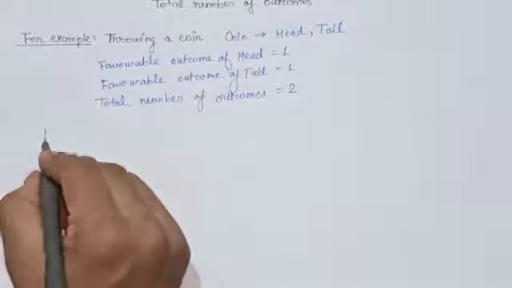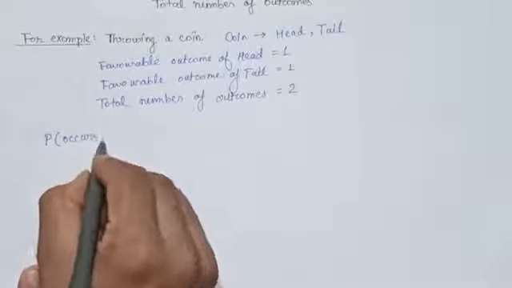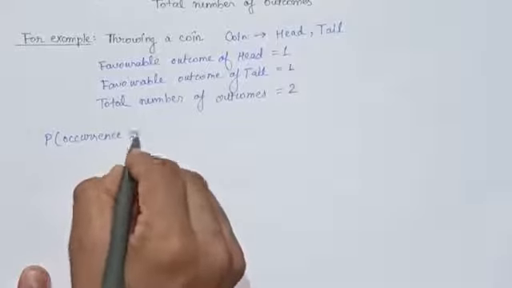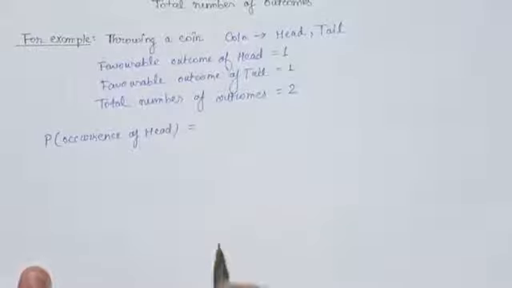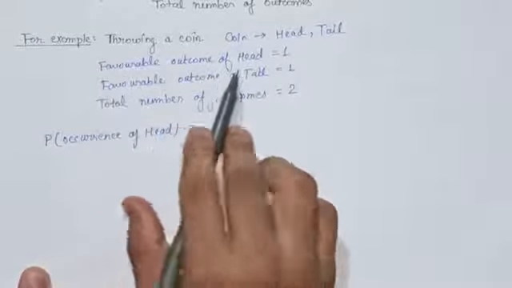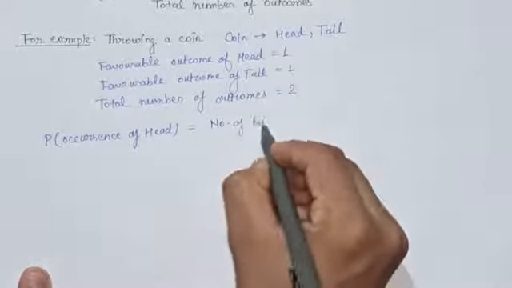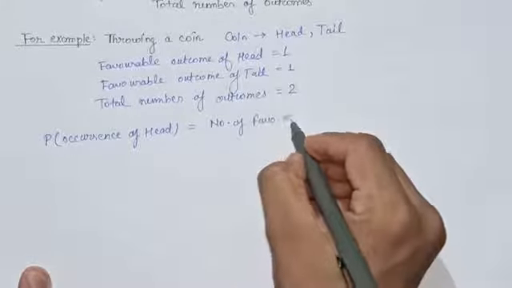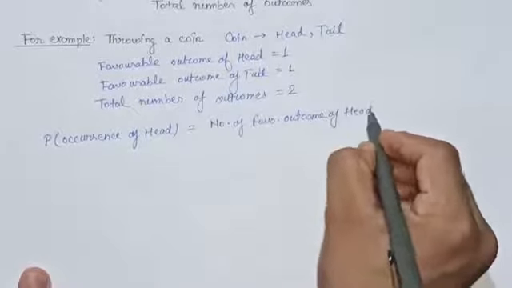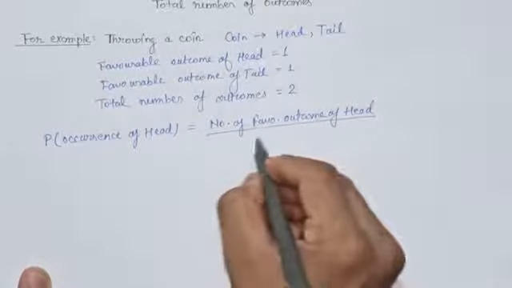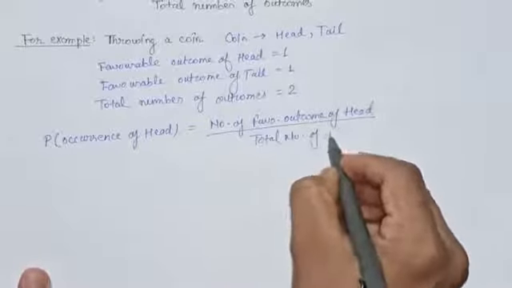So we can write probability of occurrence of head is equals to number of favorable outcome of head divided by total number of outcomes.